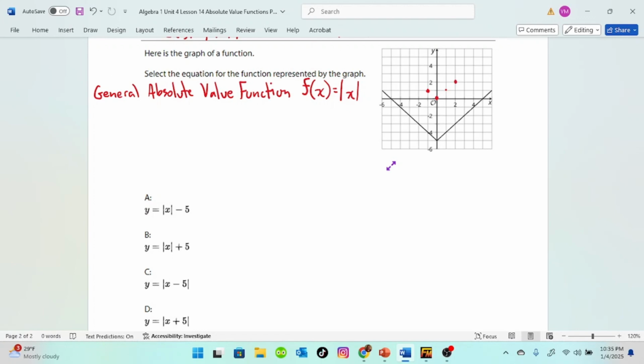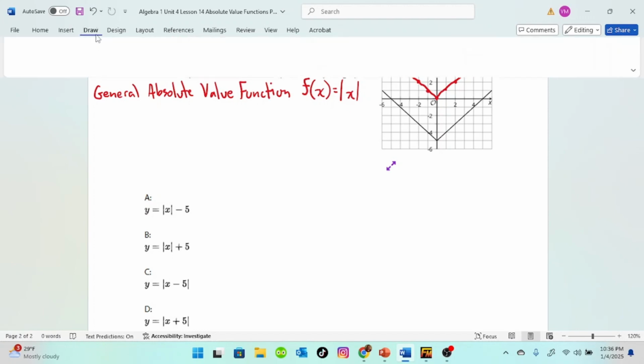If x is negative 2, the absolute value of negative 2 is positive 2. So the general absolute value function is a V-shaped graph with its vertex at the origin.